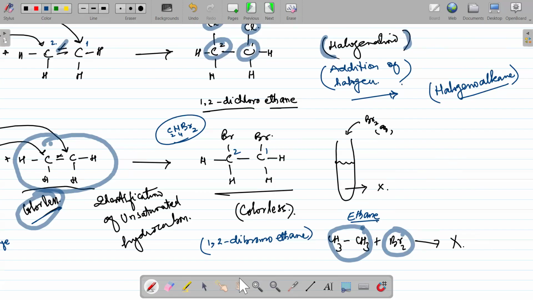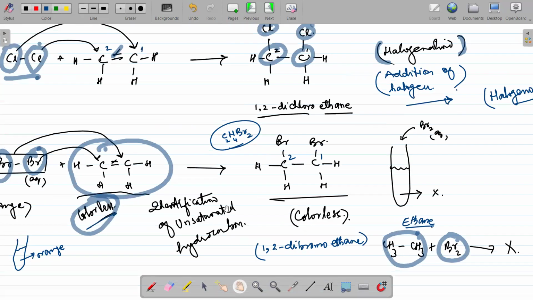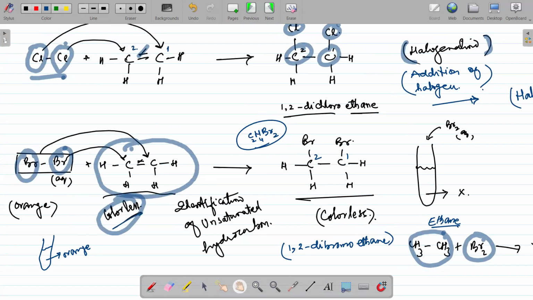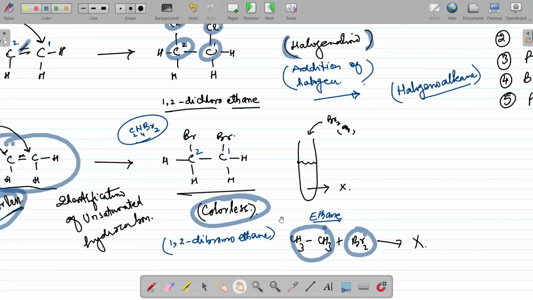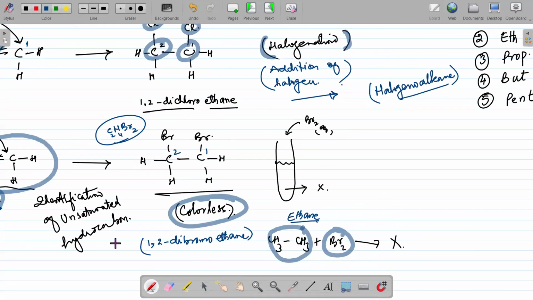But when we treat this aqueous bromine, which is orange in color, with the colorless unsaturated compound, the color of the bromine disappears. So we can use this test for the identification of unsaturated hydrocarbons. Is it clear?